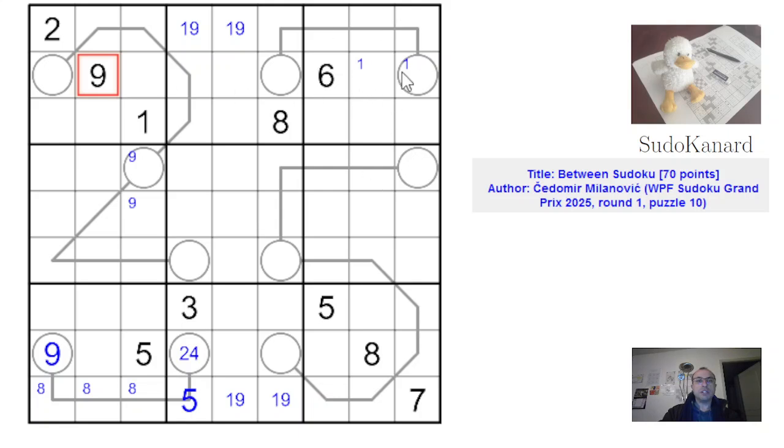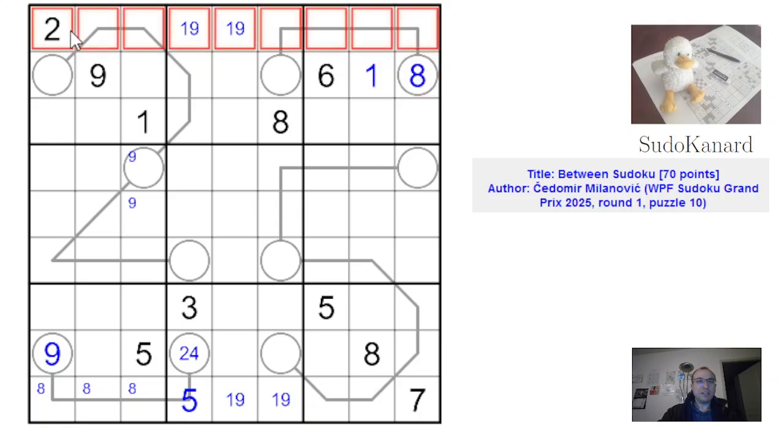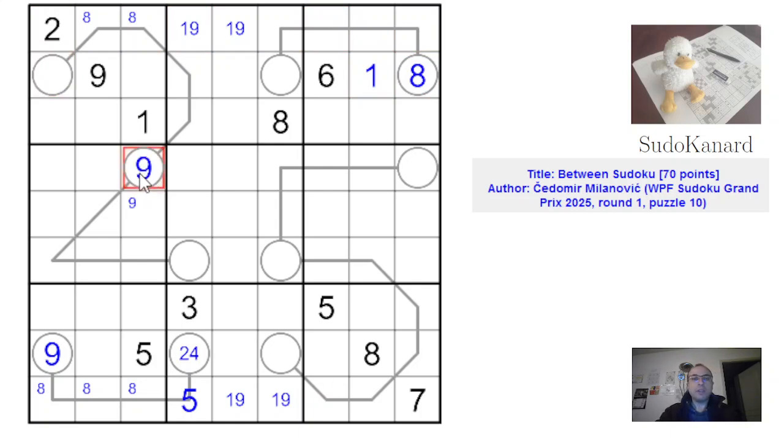So in this region, 8 can only be here, and 1 goes there. Which means in return that on this row, 8 has to appear here, which means that one of those ends must be a 9. It can only be this one.